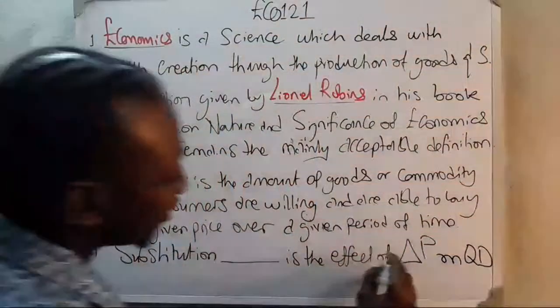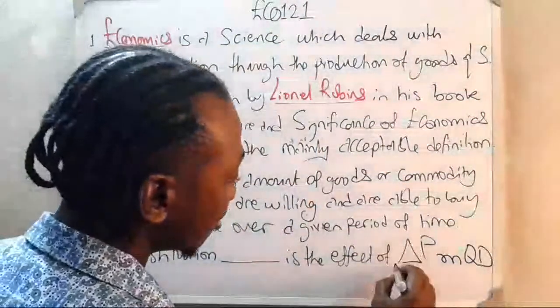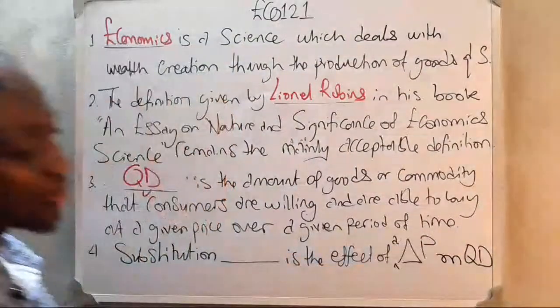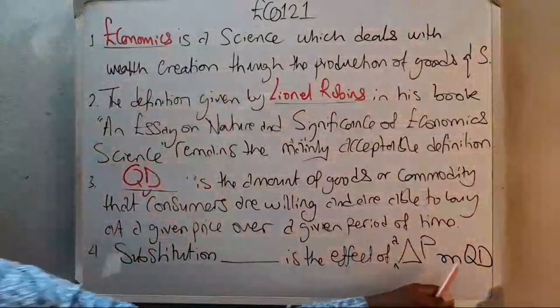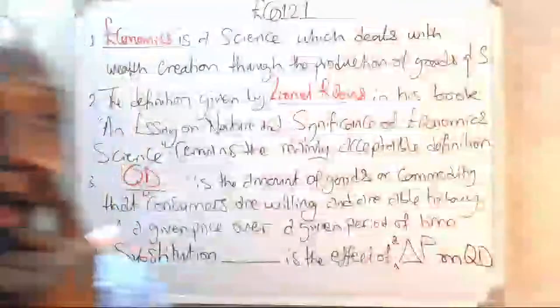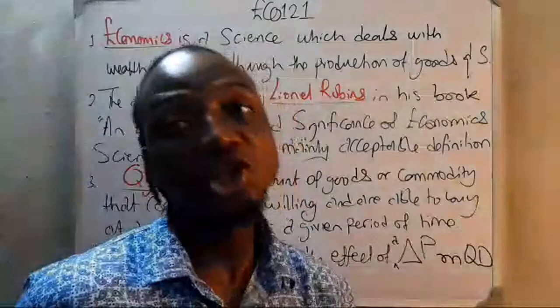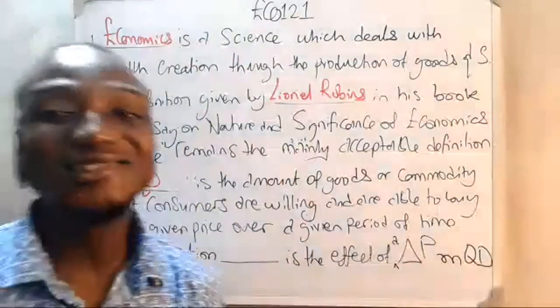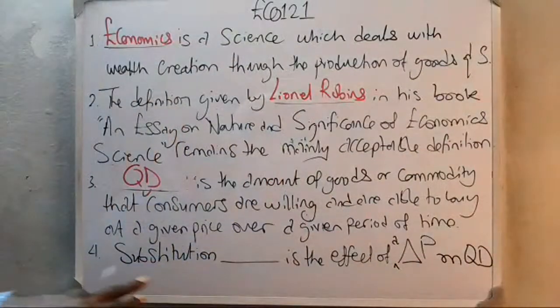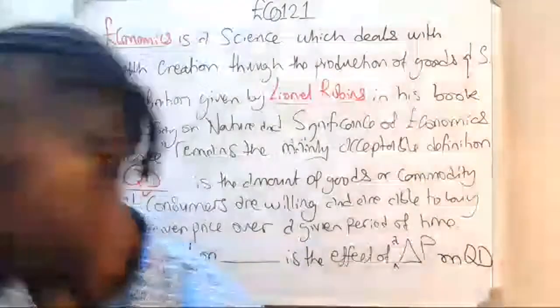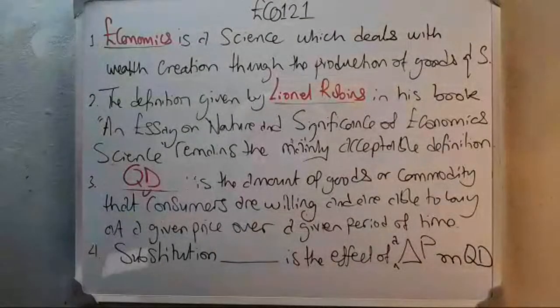It is the effect of a change in price on quantity demanded. Meaning that if there is a change in price, it will affect the quantity that will be demanded. So what effect is that? Yes, wonderful.